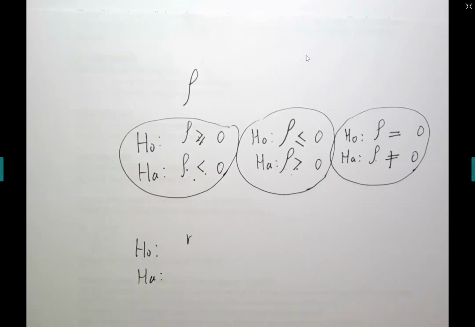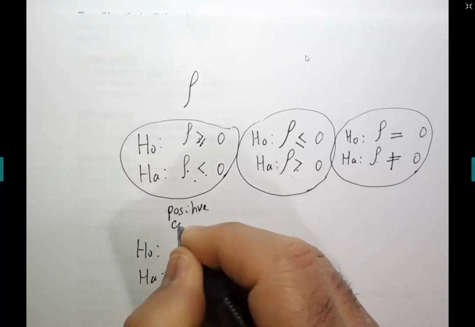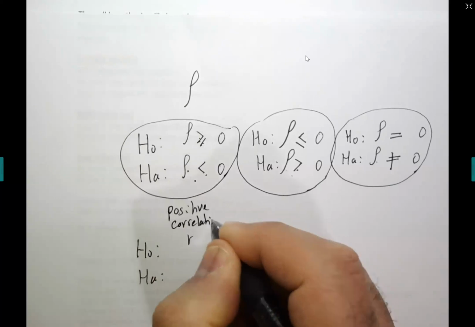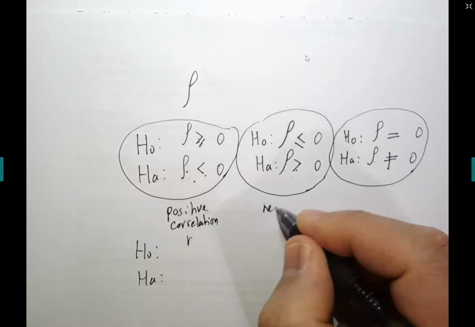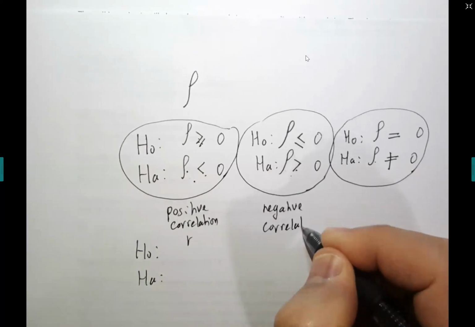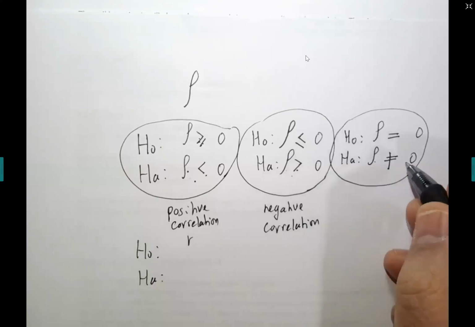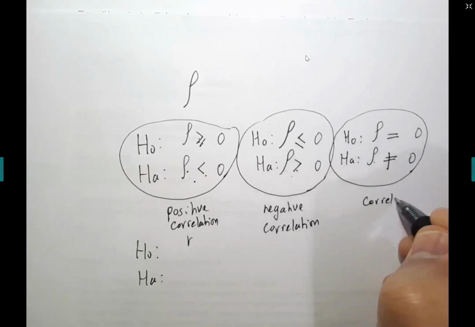We don't use the numbers -1 and 1 because these are for the sample. So here, positive, watch guys. Positive correlation, I'm going to write them. And you're going to notice, guys, in the book, he uses the same language, negative correlation. Here could be positive or negative because it's different from 0, so there will be correlation.